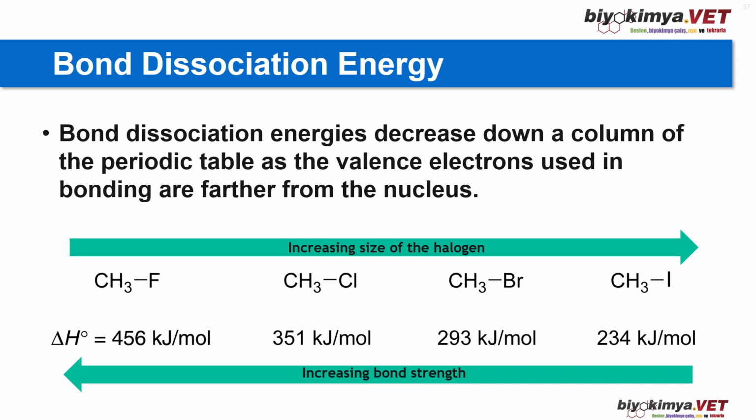From iodine to fluorine, from right to left, the energy increases, so the bond strength increases. So increasing the size of the halogen decreases bond strength, because the bond length increases down a column of the periodic table. The bond dissociation energies are a quantitative measure of this general phenomenon. So shorter bonds are stronger bonds.